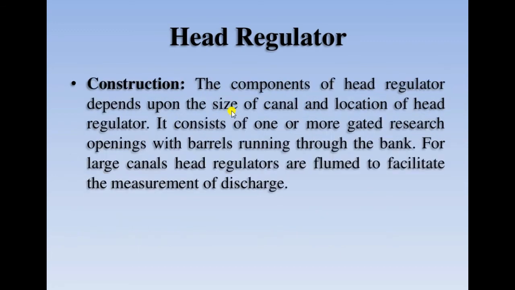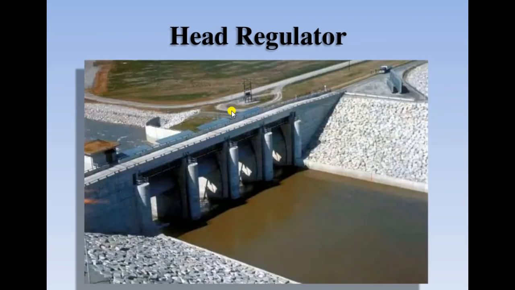Construction. The components of a head regulator depend upon the size of the canal and the location of the head regulator. It consists of one or more gated openings with barrels running through the bank for a large canal, and regulators are fluming to facilitate the measurement of discharge. Now those are the different head regulators.